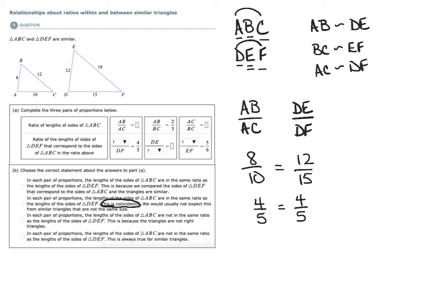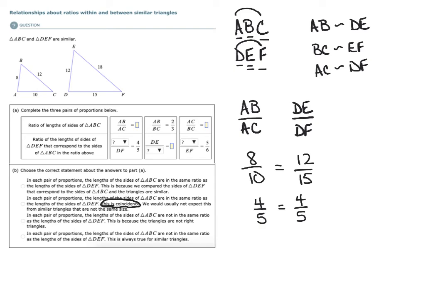In the third possible answer, in each pair of proportions, the lengths of the sides are not the same ratio, and the fourth one, in each pair of proportions, the lengths of the sides are not the same ratio, and this is always true for similar triangles. Well, when we look at these 4 answers, coincidence can't be true.